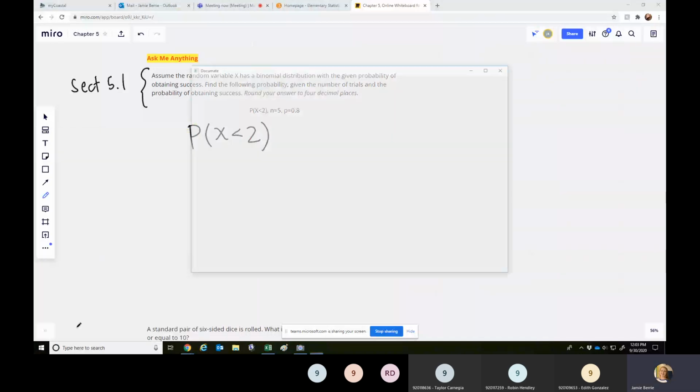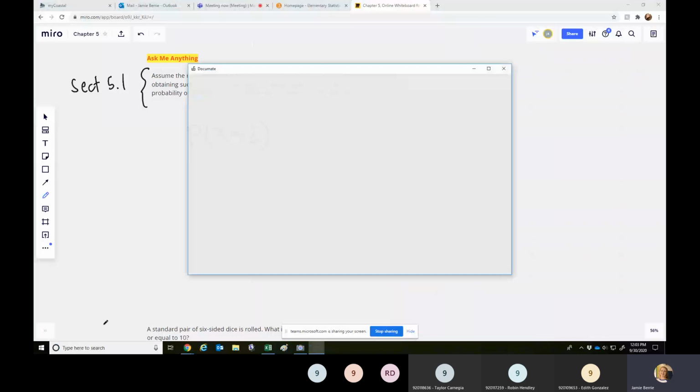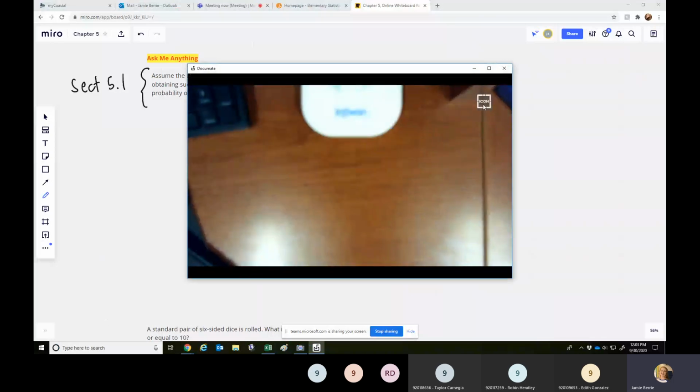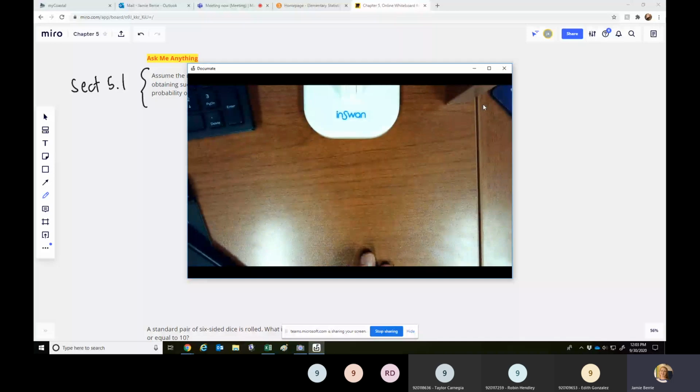One thing that I did this morning when I got here was I was thinking about the guide for probability distributions and how most of you probably won't be able to print this out.